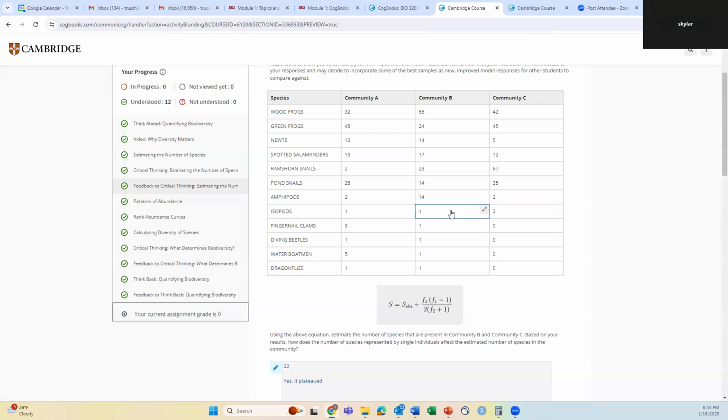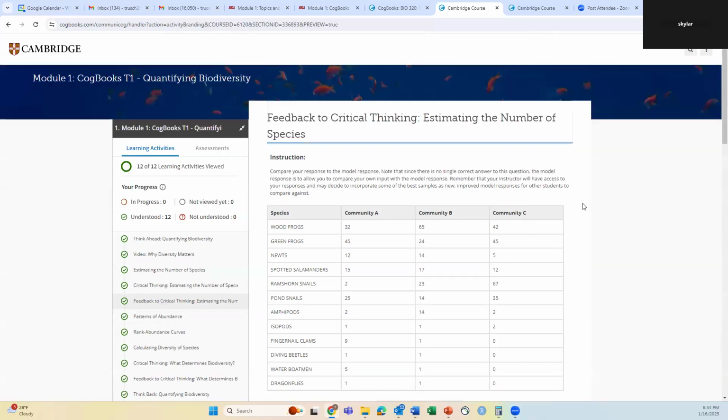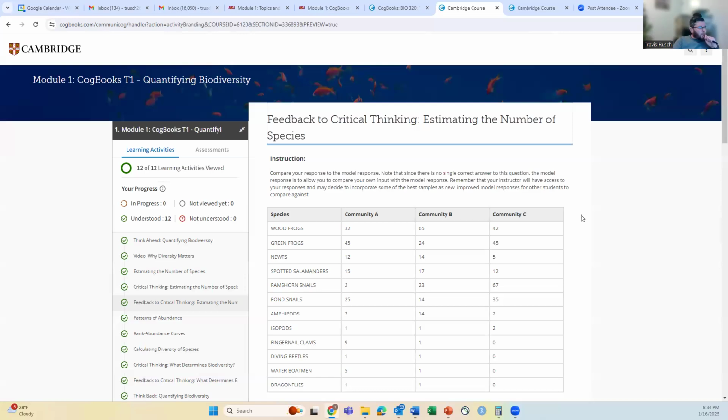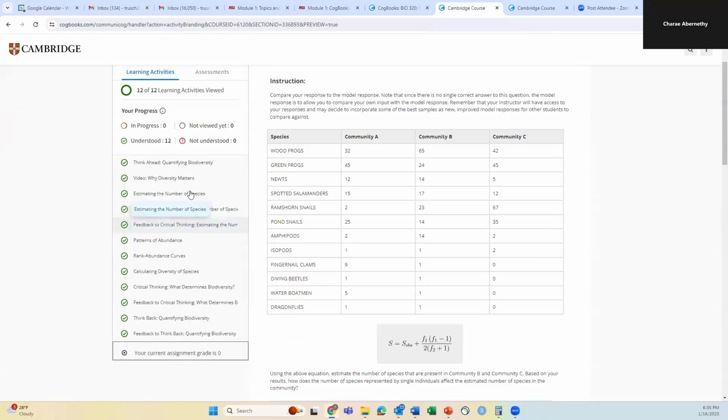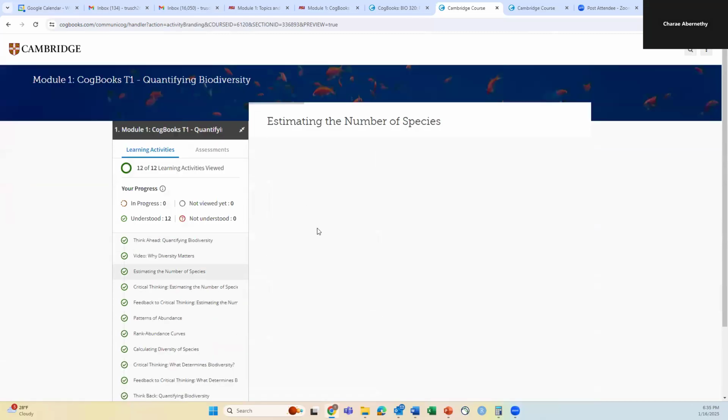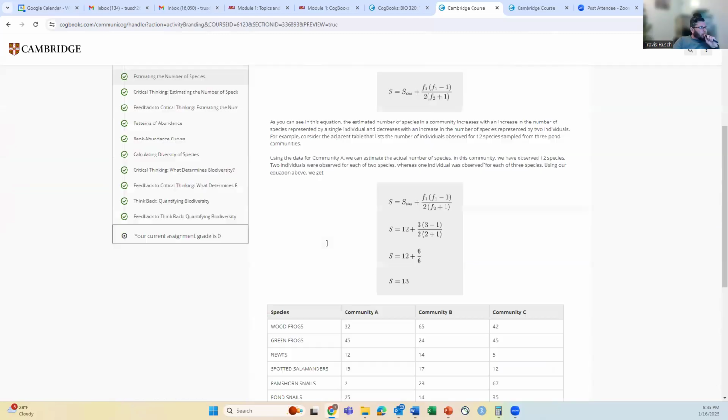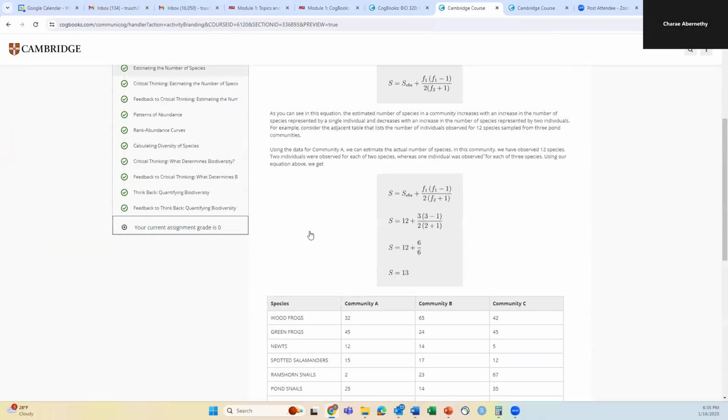What is the name of this mathematical model? Sorry, what was that? The name of the mathematical model, like what is the name of this equation? Fair. I actually asked that same question in the community forum, and someone answered that one for me, but it's in the community forum.